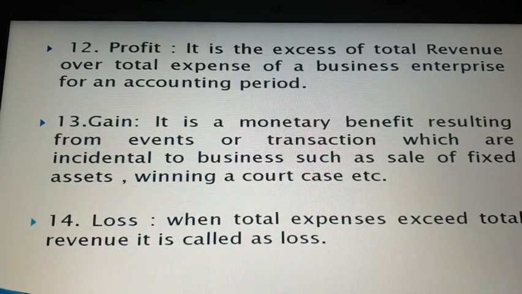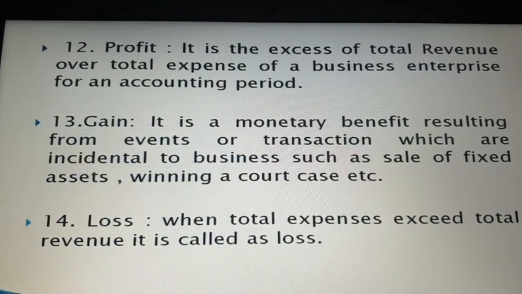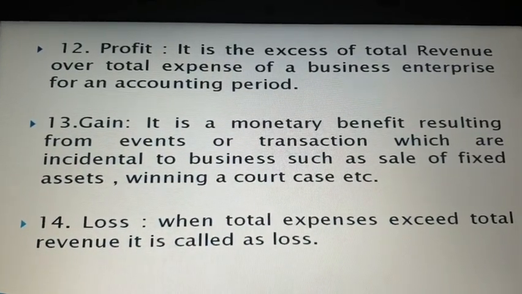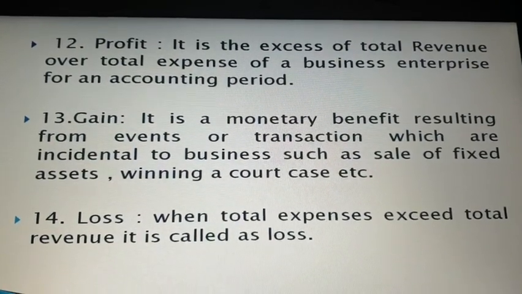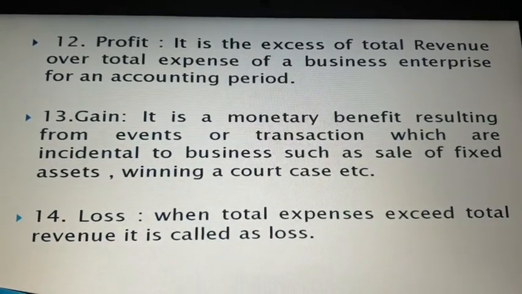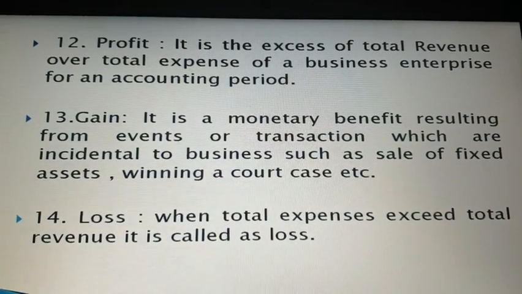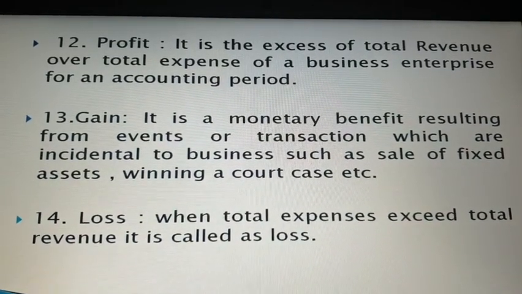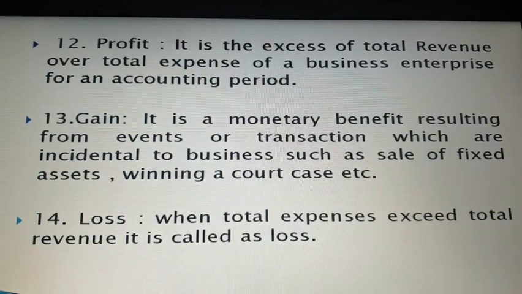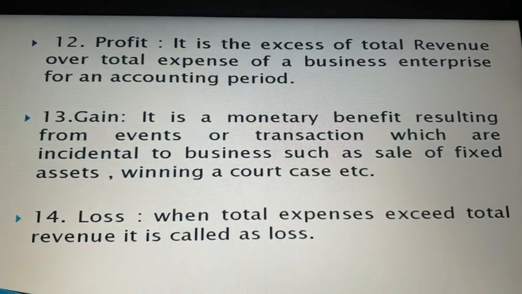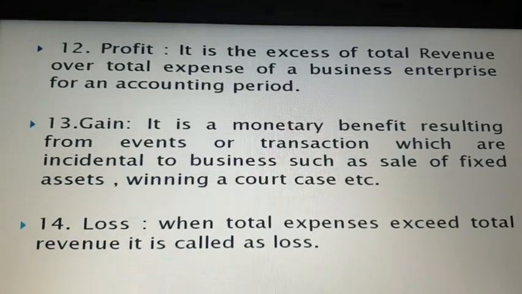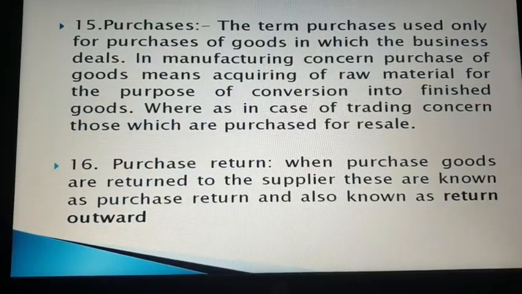Loss is just the opposite of profit, or vice versa of profit. Profit is when total revenue exceeds total expense. But when total expense exceeds total revenue, then it is considered a loss. So profit and loss is related to total revenue and total expense. Move to the next slide.